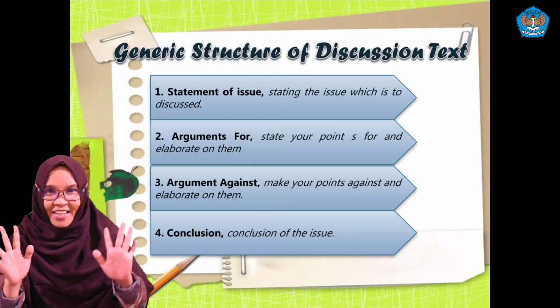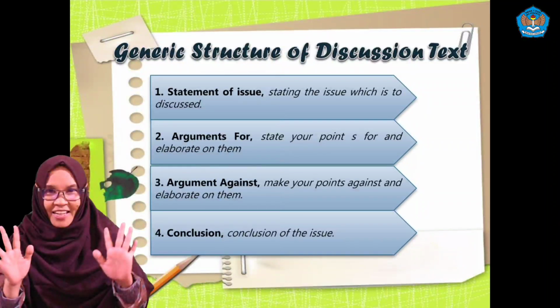Again, let's take an example. Supposing you are having an English debate. Of course, you have the government team and the opposition team, or some other people say this is the for or positive. The other position is the negative. So you have the second paragraph of argument for. State your points for and elaborate on them.